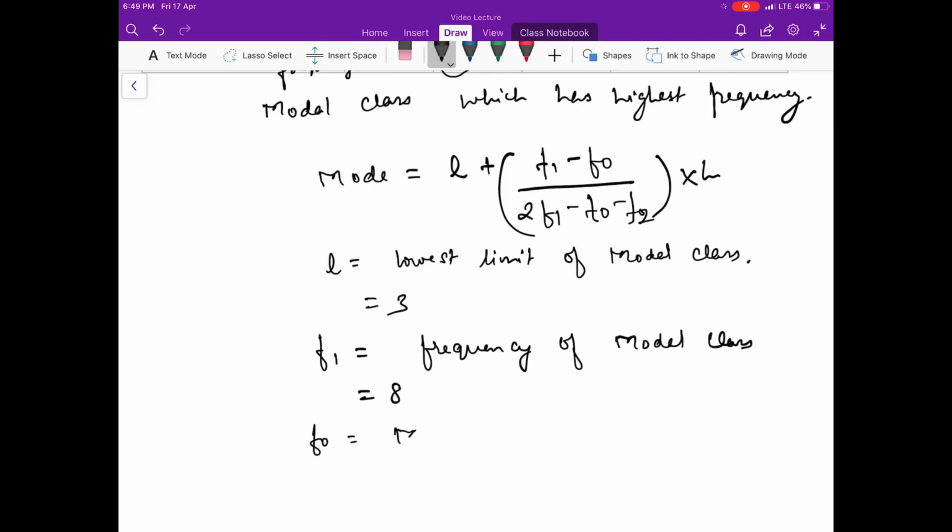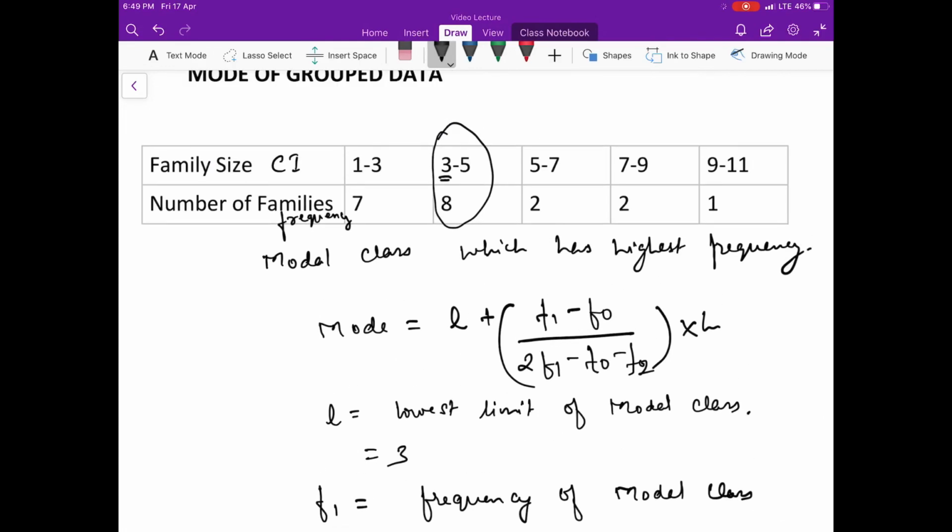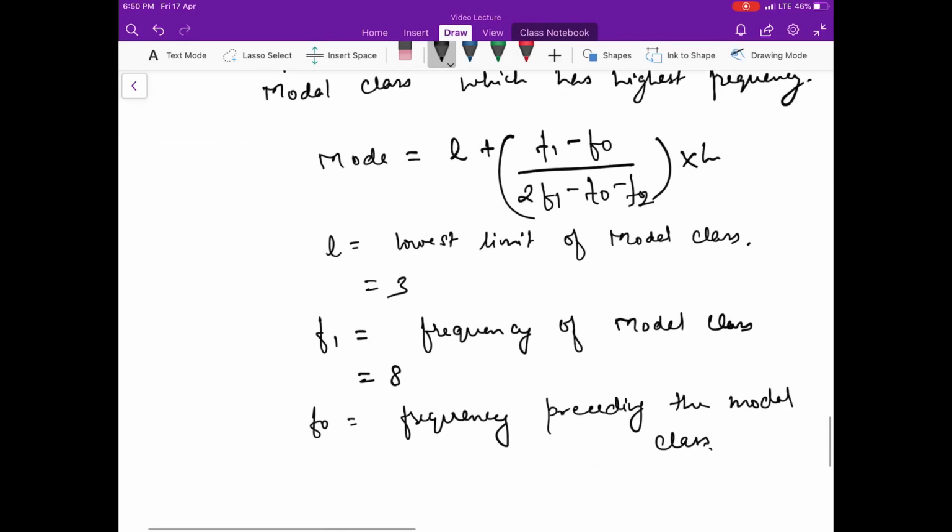F0 is the frequency preceding the modal class, just before it, so the frequency just before our modal class is 7.